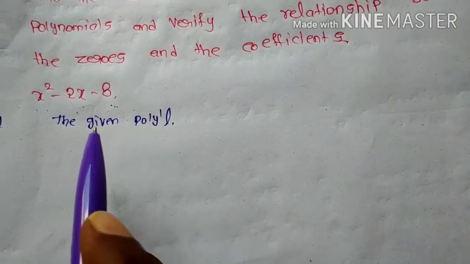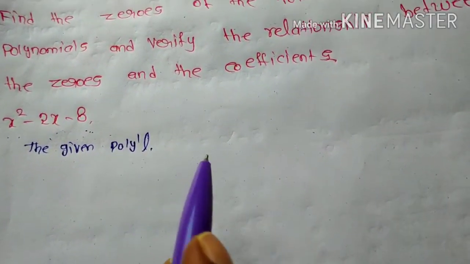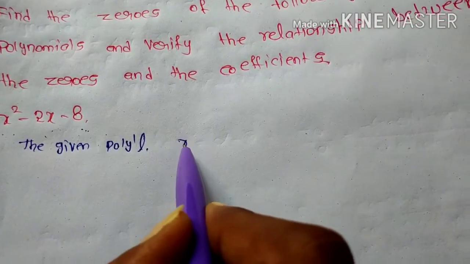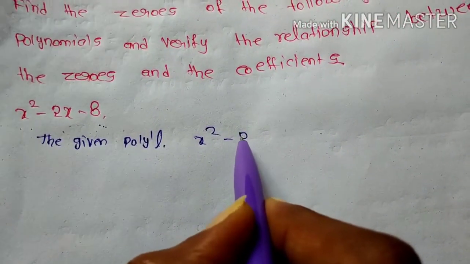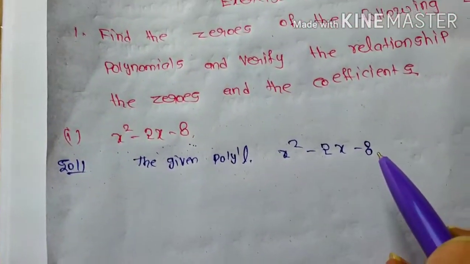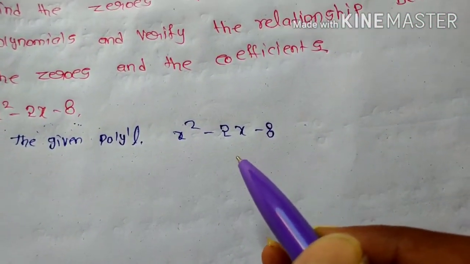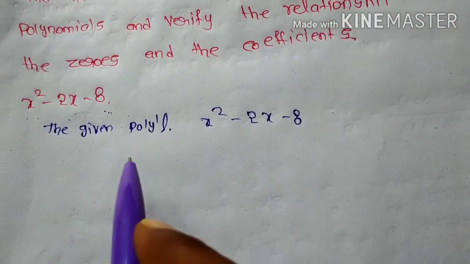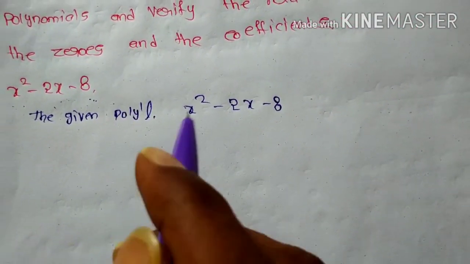Yes or no? Yes. First of all, I am writing that the given polynomial is x square minus 2x minus 8. Now you can see here how to find the zeros.